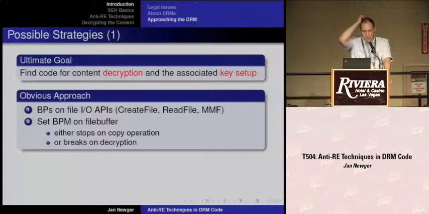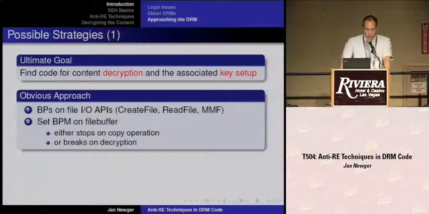So let's define the strategy we would use to attack such a system. It's pretty obvious that the ultimate goal is to find the decryption algorithm and the associated key setup. If you can understand these, then obviously you have a technique to decrypt any content.